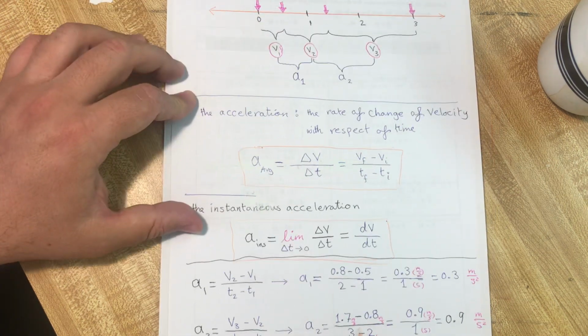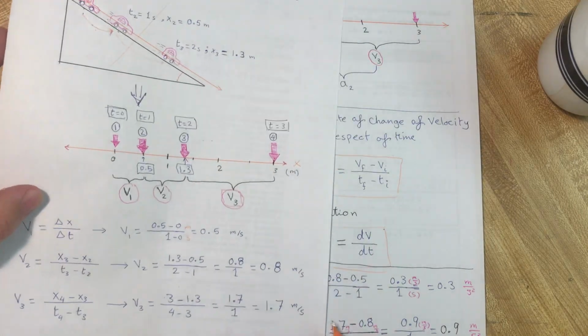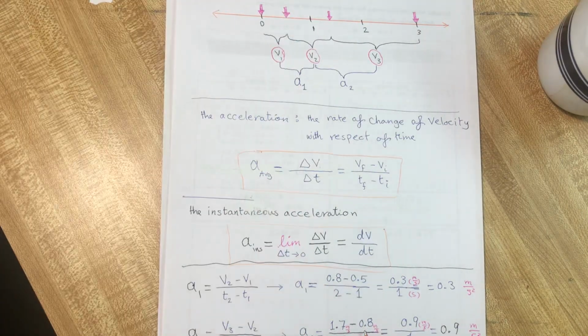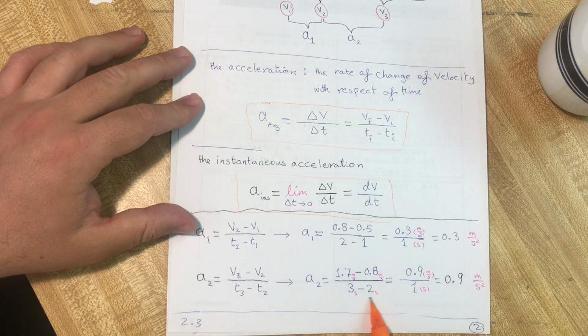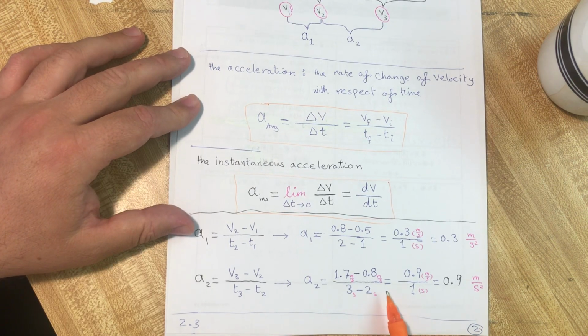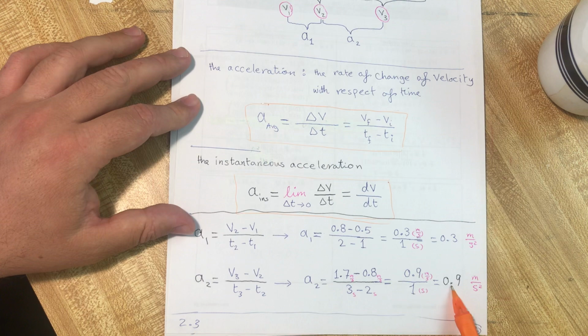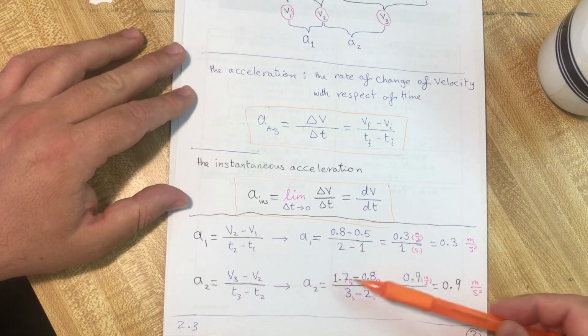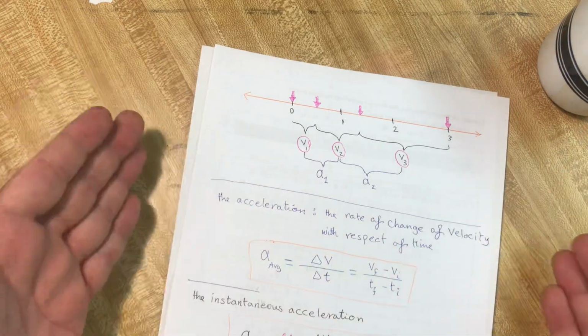The velocity v3, we computed, is 1.7. v2 is 0.8. The change of time is 1 second. Then the acceleration will be 0.9 meter per squared second. This is the average acceleration between different periods.